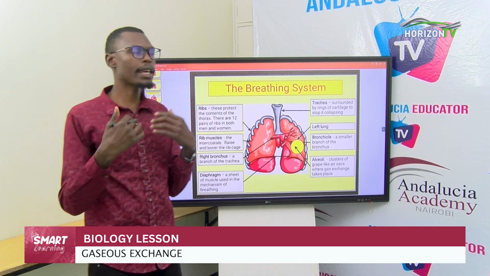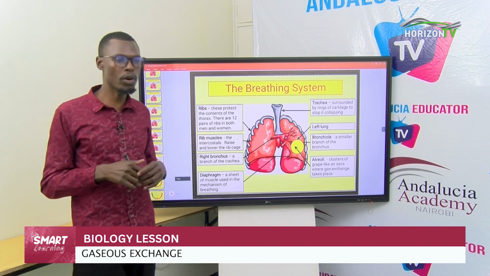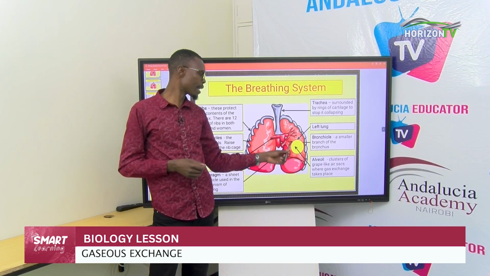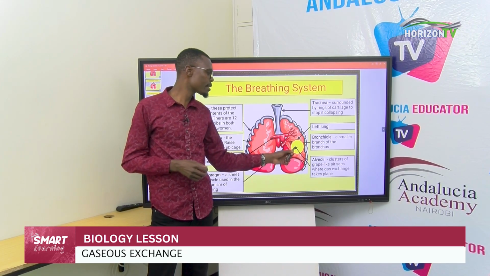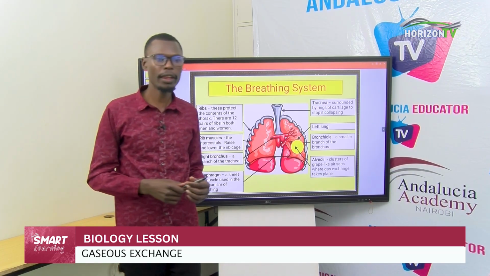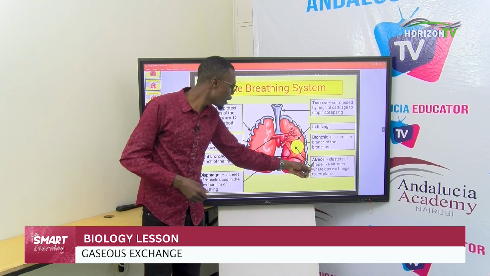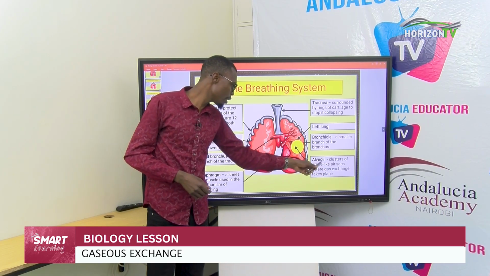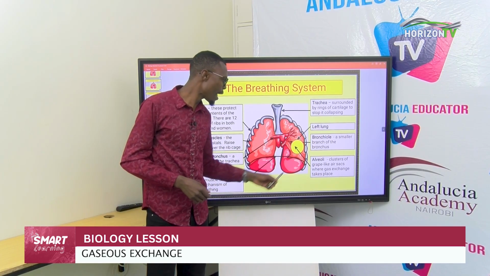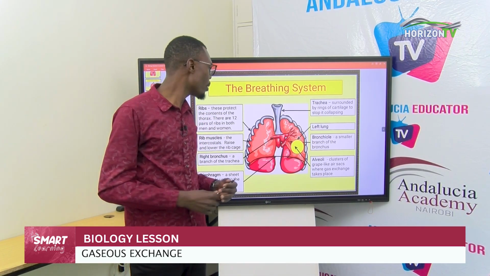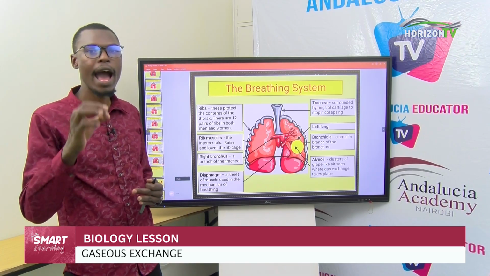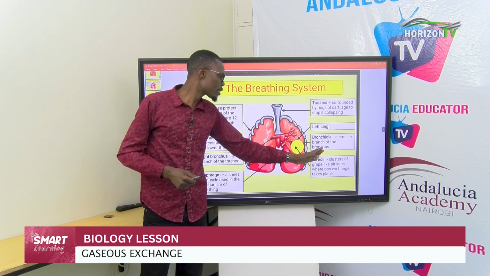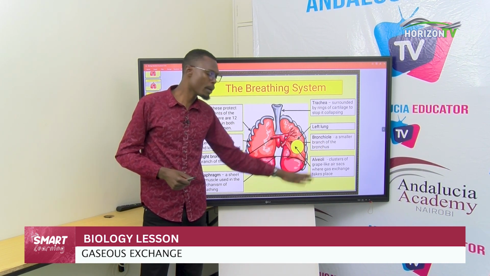Oxygen is the gas that we take into the body. It gets into the lungs. Once it is inside the lung, which means it is of high concentration in the lungs, the specific part being the alveoli, its high concentration in the alveoli will give it a high concentration gradient compared to its concentration in the blood.